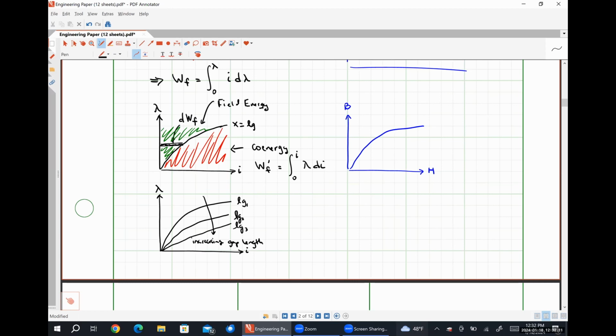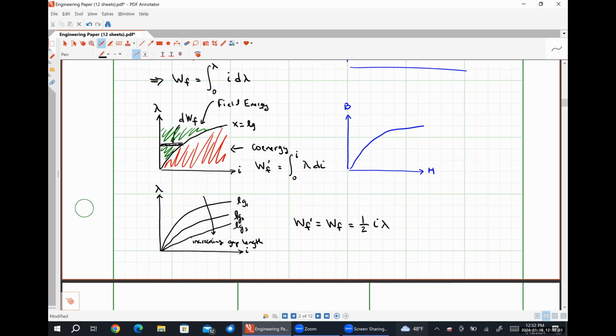All right, so if we have a system with our field energy, it's half the base, which is our current, times the height, which is our flux linkage on our graph.